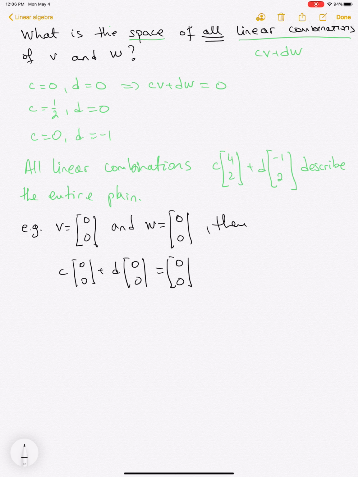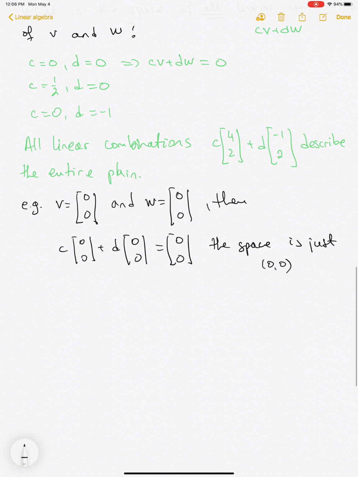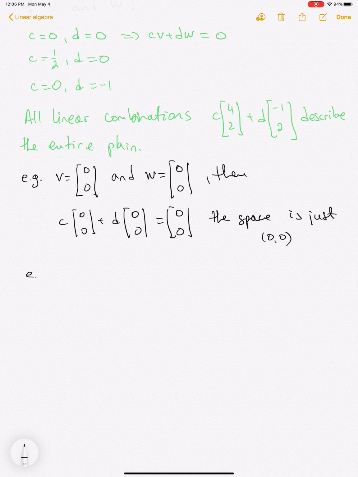So here the space is just the origin, (0, 0), right? That's all we can describe. Another example could be of the following kind. We could have V to be, for example, (1, 0), and W to be (-1, 0).